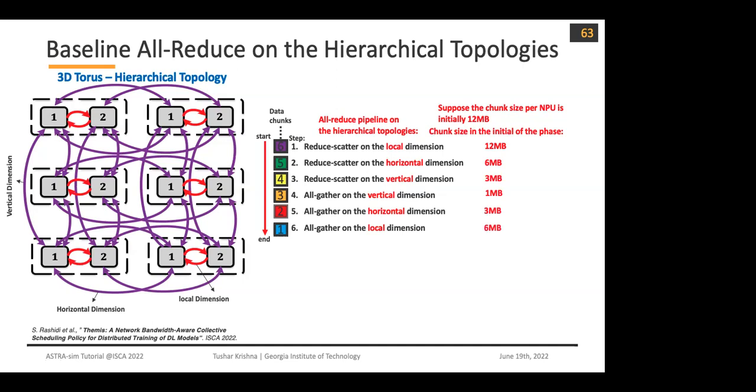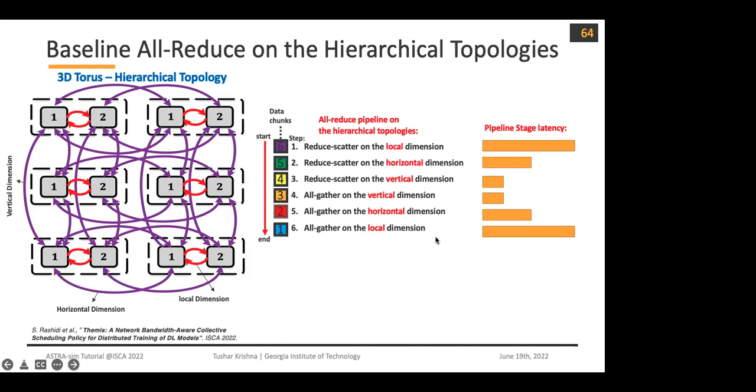And then, of course, once you start doing all-gather and broadcasting, the size of the message goes back up. This has very interesting implications on the amount of delay it takes on the network for each of these pipeline stages. So this is an example of how running a hierarchical all-reduce on a topology like this will have variable pipeline delays, which means that your network might be heavily underutilized or oversubscribed for certain dimensions.